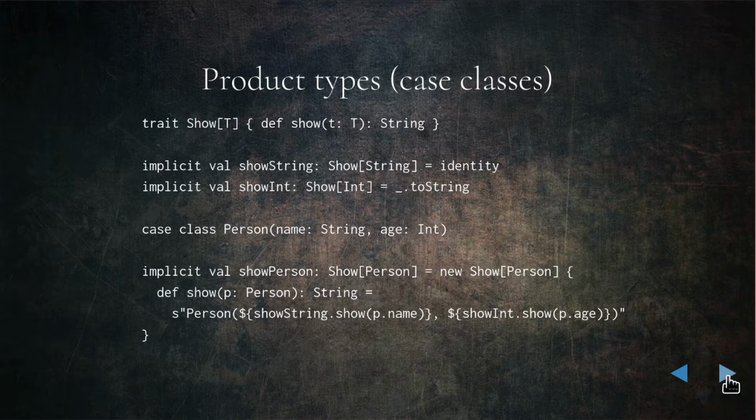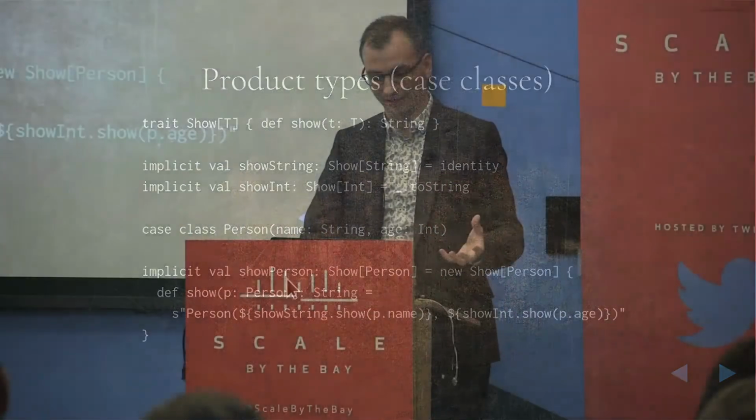Now, if we wanted to manually derive a type class for a case class, say, we would write something like this. Here's the Show type class. Here are some type classes written actually with SAM types, but these are sort of our primitive type class instances. And we want to compose these into a type class instance of Show for a Person. The way we might do that is we define the implicit.